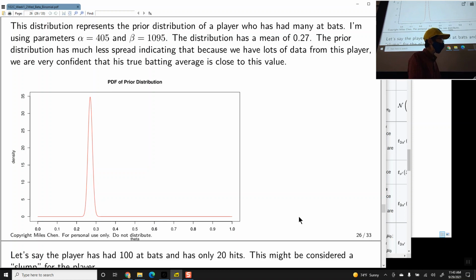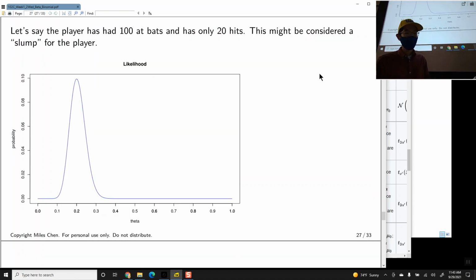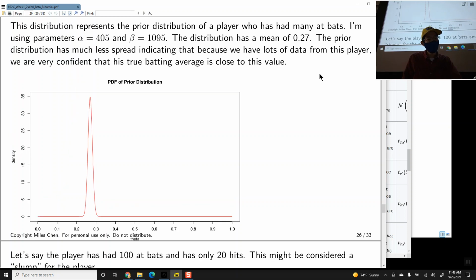Okay, let's say this player who's been successful in the past hits a slump, okay? They've had 100 at-bats, and for the past 100 at-bats, they've only gotten 20 hits, right? So their batting average for the past 100 at-bats is only 0.2, okay? So is this just a slump that we can shake off?